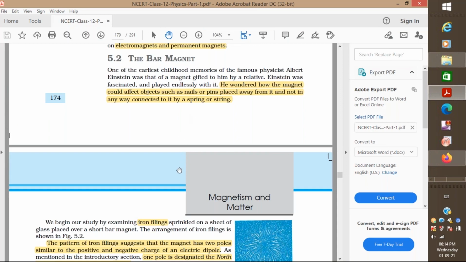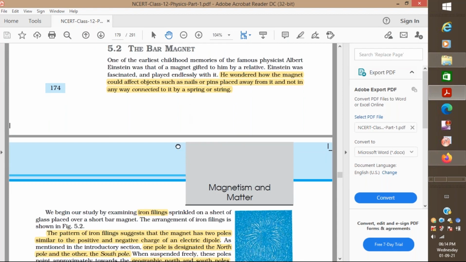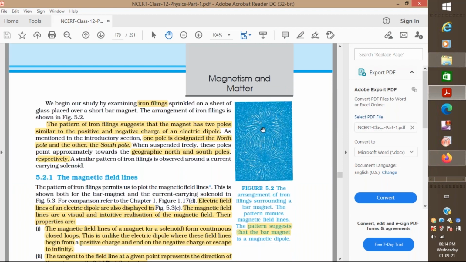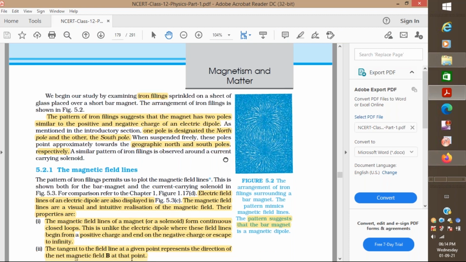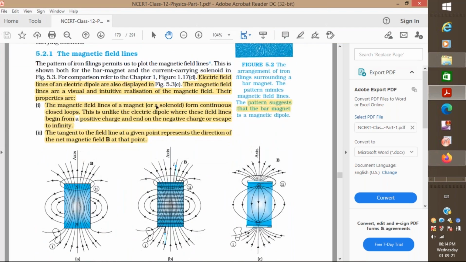Similar poles repel each other, and opposite or unlike poles attract each other. And look at this figure: if you keep iron filings on a cardboard over a bar magnet, you can see this kind of pattern.